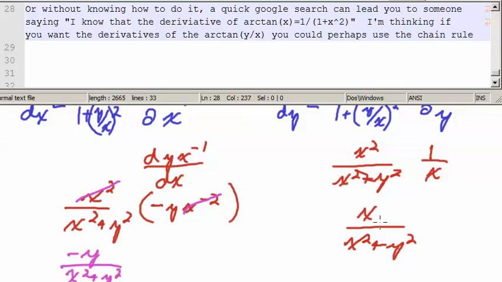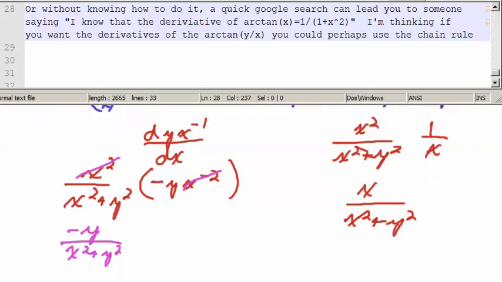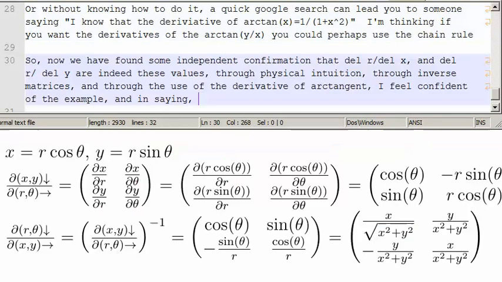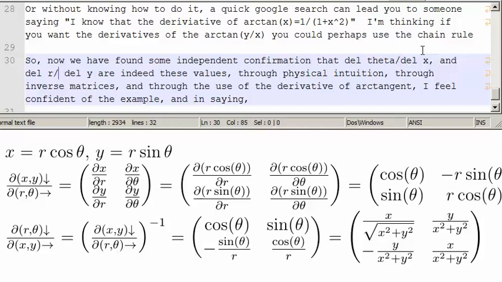That is a good sign too, because that is exactly what we got by doing the inverse of the matrix. Good sign, good sign. So now we have found some independent confirmation that del theta del x and del theta del y are indeed these values over here.